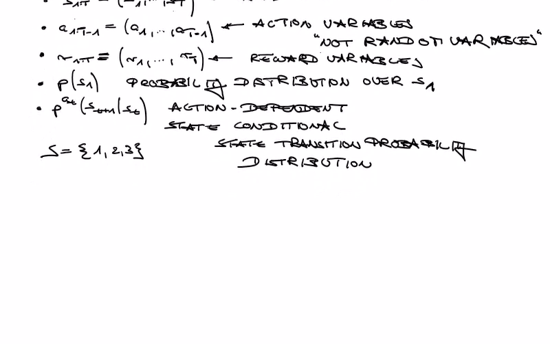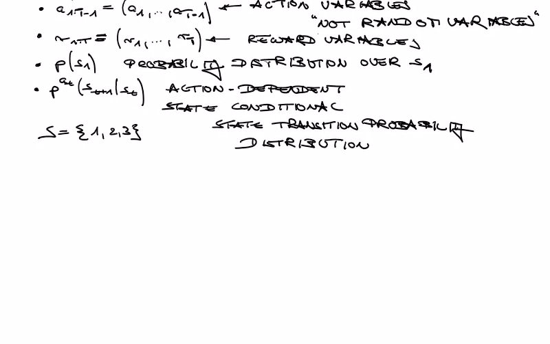What is then this P_{a_t}(S_{t+1} | S_t)? What this encodes is, we also need an action space, of course. Let's assume there are just 2 actions, 1 and 2.